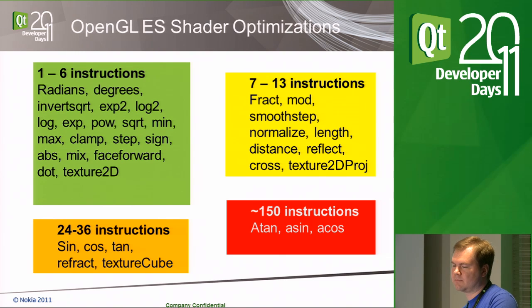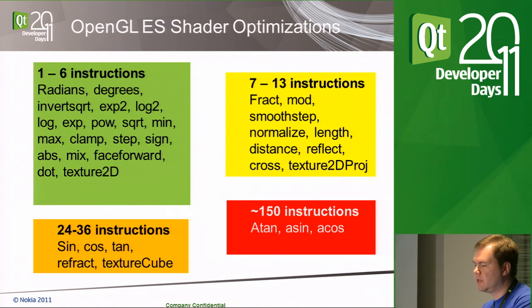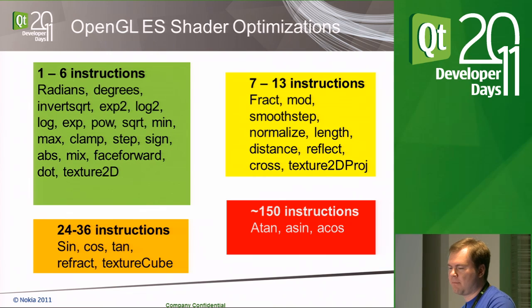So they are operations like square root and power operations and other simpler stuff like texture2D. But the next category, marked here with yellow, those are a little bit slower, almost twice as slow. And those are mostly used for, let's say, lighting. You use the normalize and the distance and the length functions.